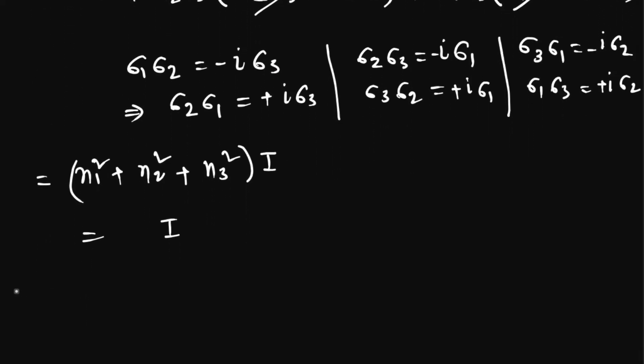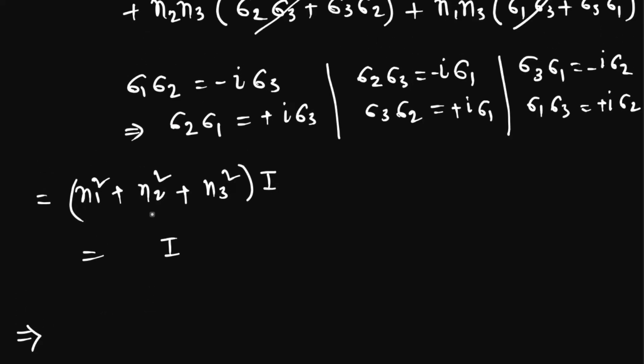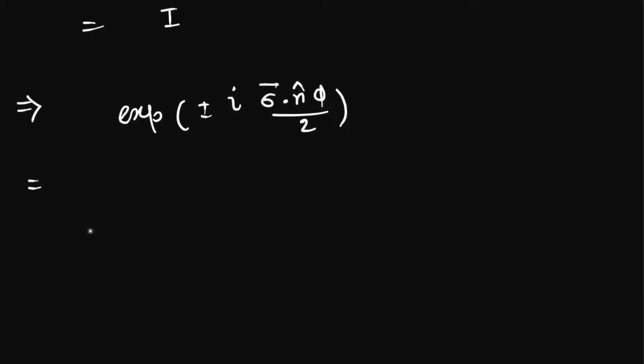Now let us see the general expression for this transformation matrix, which is exponential of plus minus i sigma dot n cap phi by 2. Let us expand this in terms of a series.